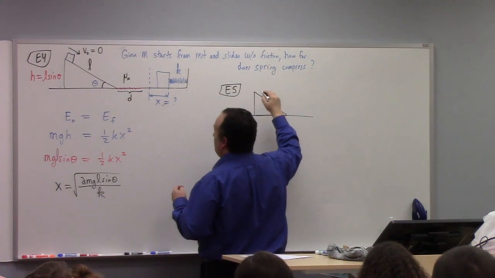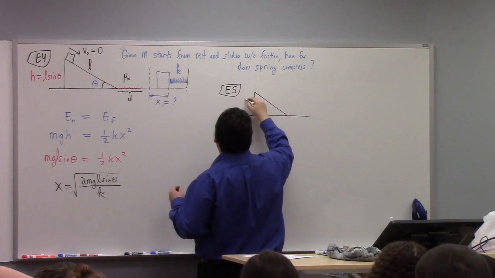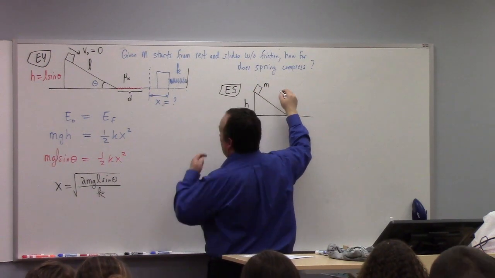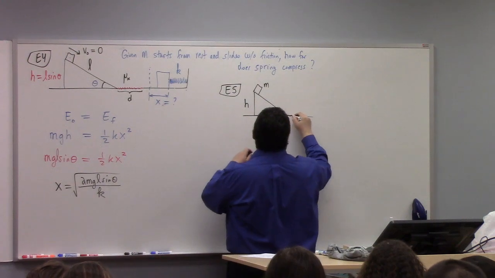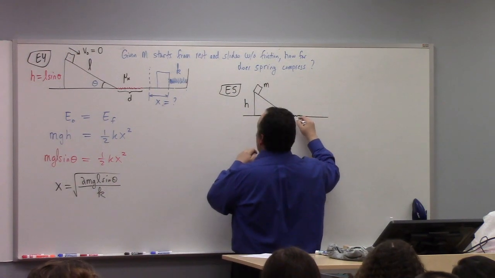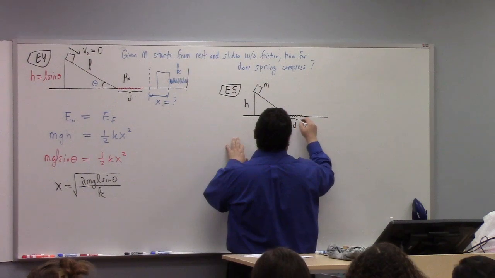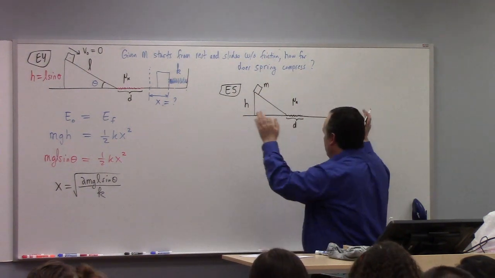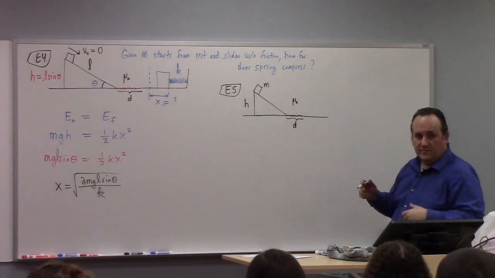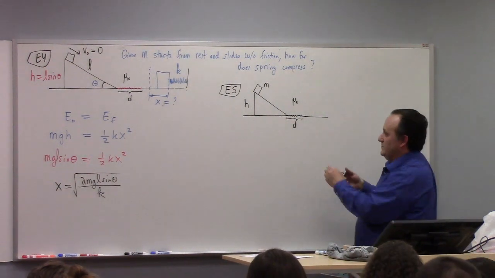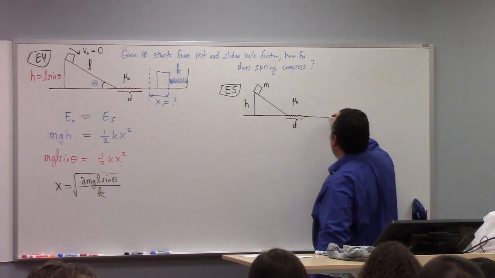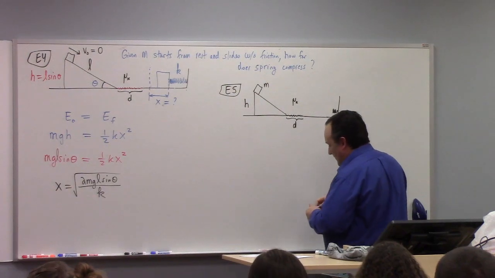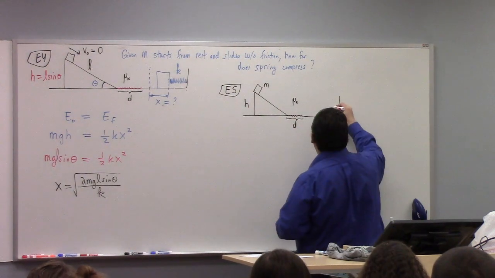Let's just say initial height h, and up here we've got our mass m. Then down here we've got this part with friction, a distance d there with coefficient of friction mu k. Everywhere else no friction, just for the sake of making the problem not too horrible. And then it comes over and it compresses the spring a certain maximum amount.